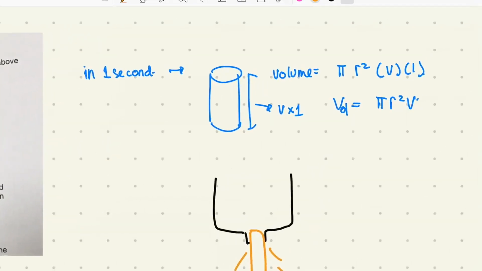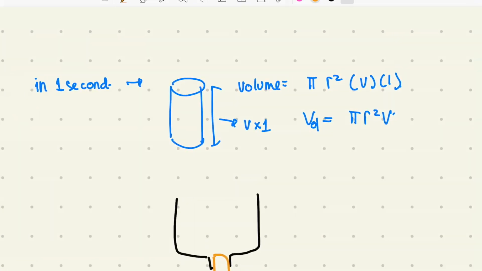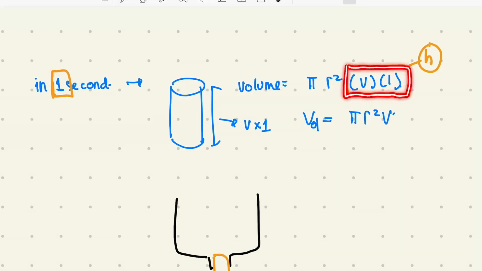Then the volume of water, we use the formula V equals πr²h. The height of the cylinder we do not know, it depends on the time. We take the time to be 1 second. If time is 1 second, then the height will be v times 1.